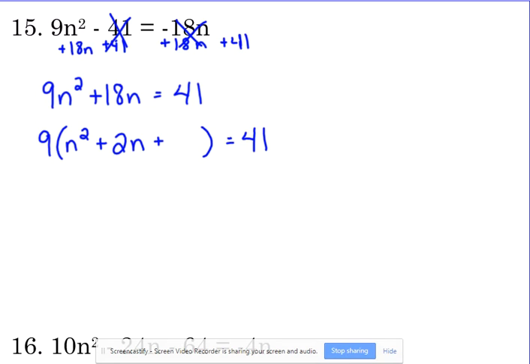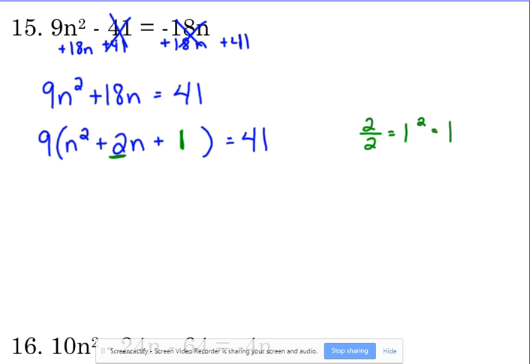Okay, we go over here to the side and we're completing the square, so we divide 2 by 2 because 2 is our new b. That gives us 1. 1 squared is 1, so we're going to add 1 inside of our parentheses. But here's where something's a little bit different.